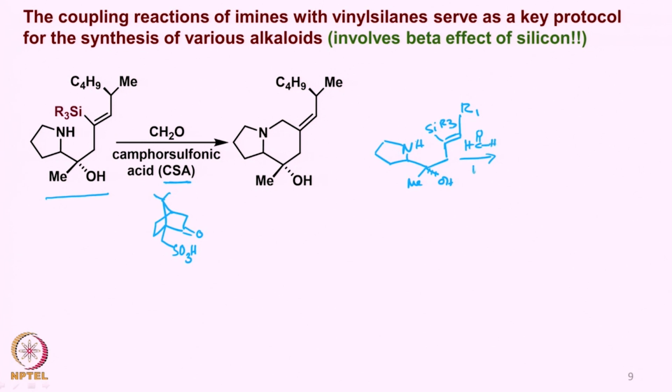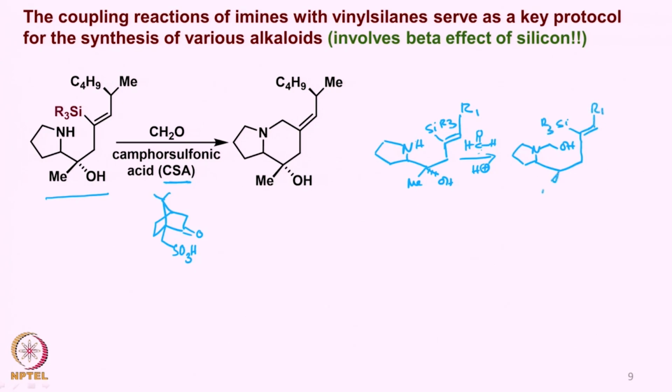Formaldehyde reacts in the presence of H plus, and the nucleophile of the nitrogen attaches to the carbon atom, forming an intermediate of this kind here, and then you can expect that silicon is here and you have the substituent R1 here.